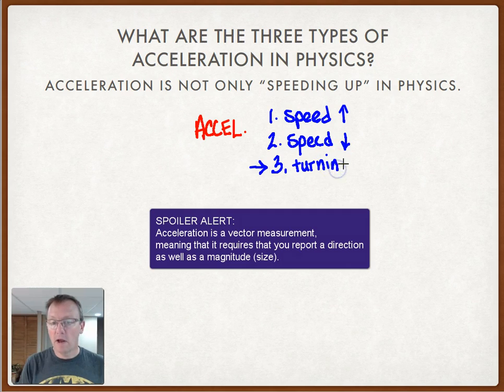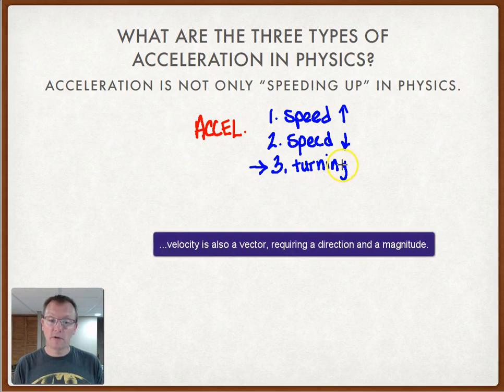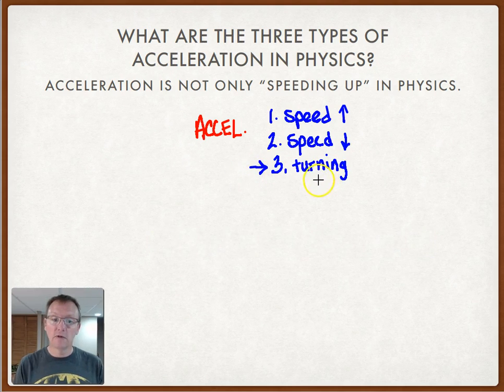Well, we're going to find out later on that in physics, speed is not the best thing to talk about. Velocity would be. Velocity requires you to have a direction. So acceleration is really the change in velocity, which means it could also be a change in direction. We'll talk about that more as time goes on. But any of those 3 could be an acceleration.